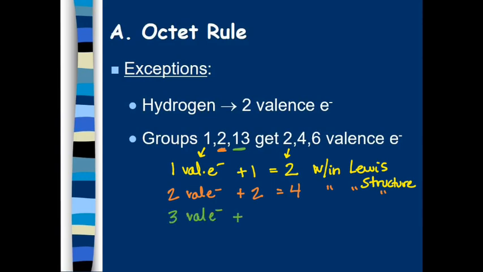And you guessed it, those 3 can pair up with 3 others. 3 plus 3 is 6 within the Lewis structure. Now, all of this within the Lewis structure will make more sense after you learn the rules for drawing the Lewis structures and we experiment with a few.